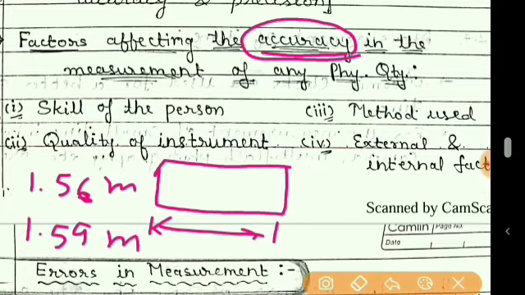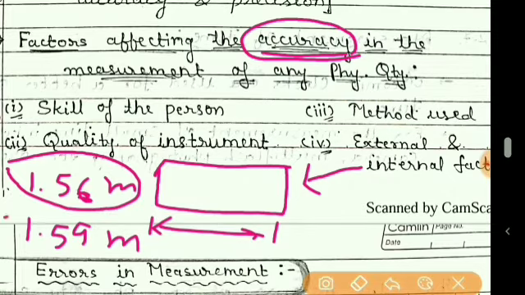Students, here see, the object is the same, but the values which are measured are different by different persons. Even if the same person is measuring the length 2 or 3 times, it can happen that the measured values are different. It is because of some factors affecting this measurement.